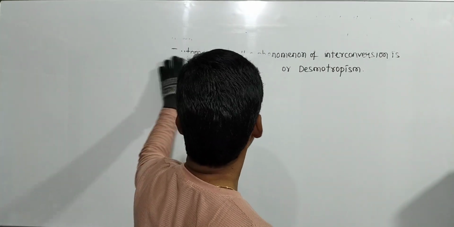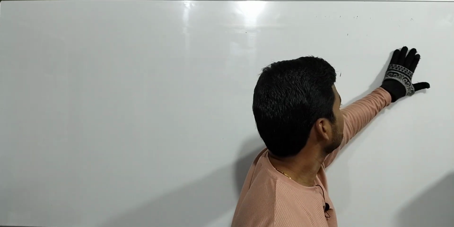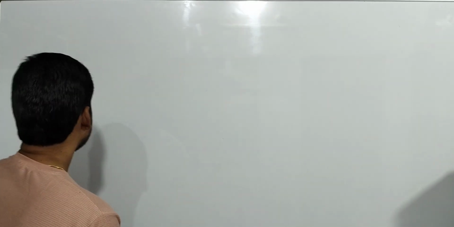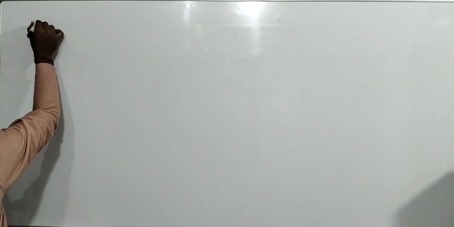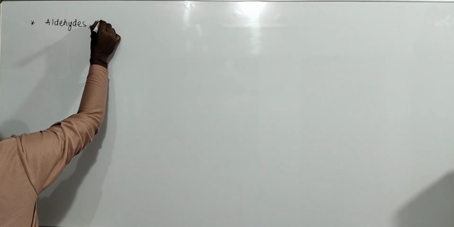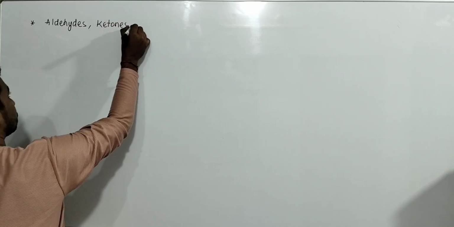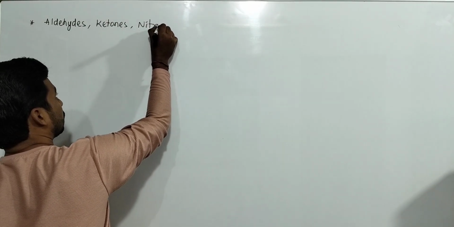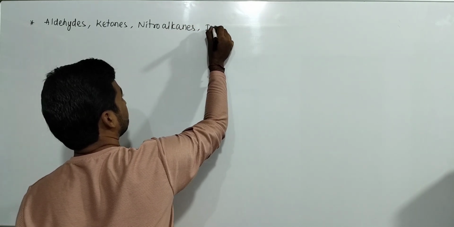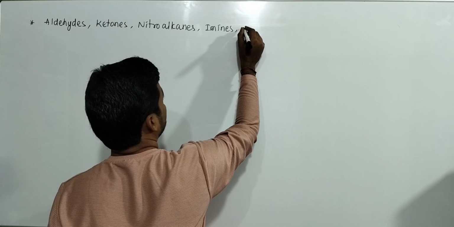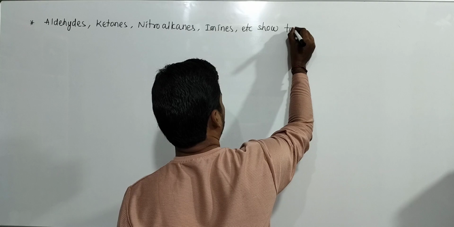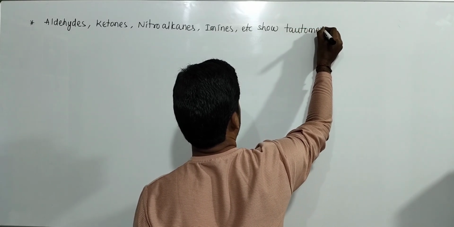Aldehydes, ketones, nitroalkanes, imines, etc. show tautomerism. These molecules show tautomerism.